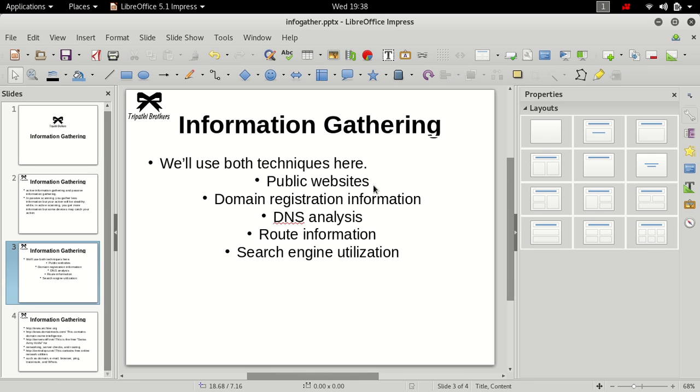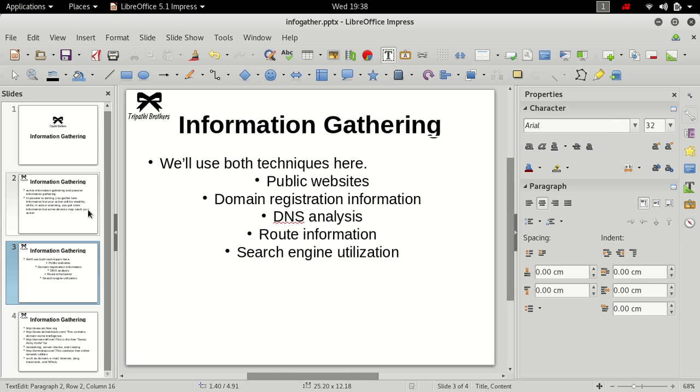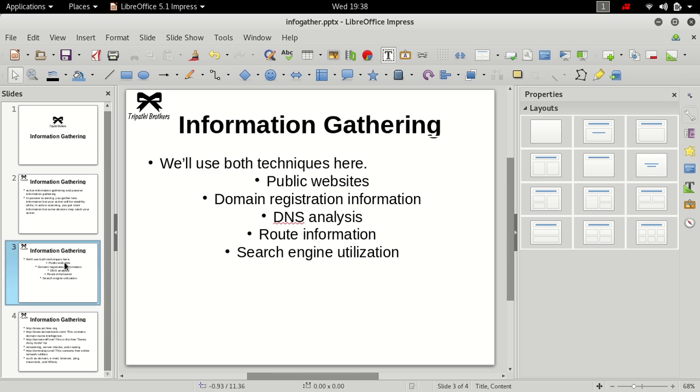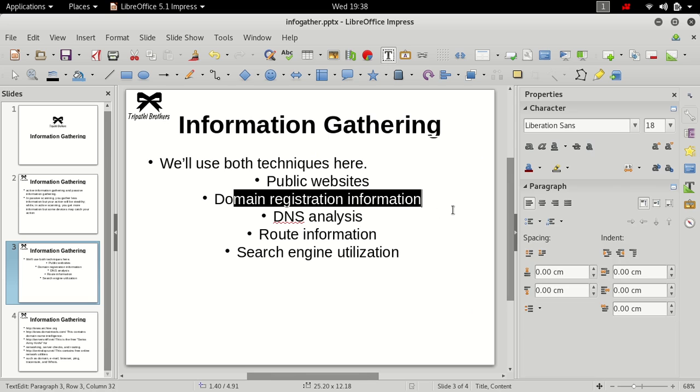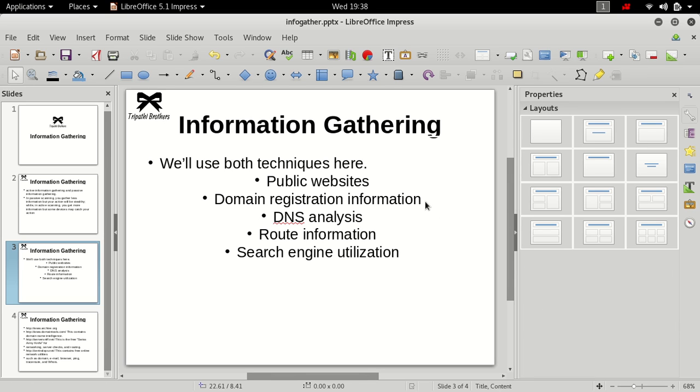Basically, the public websites tactic is passive information gathering. You do not directly interact with your target. You use a public website, and that website will try to gather information from your target. For domain name information, we will discuss how to get the domain name, the owner of the domain, and the server IP address of the domain.